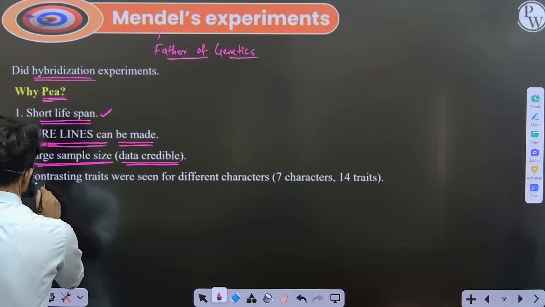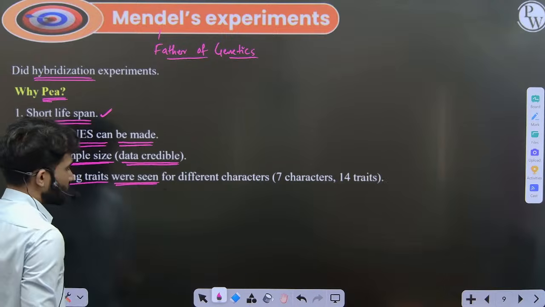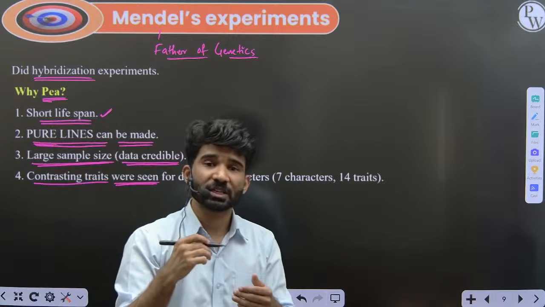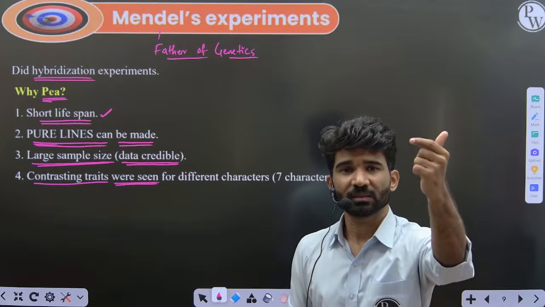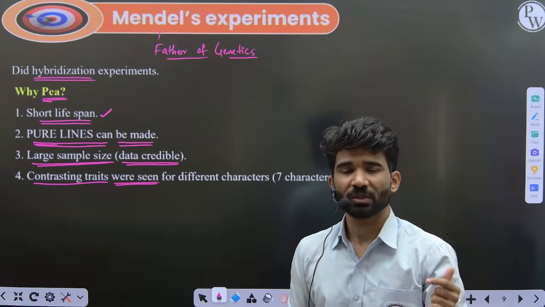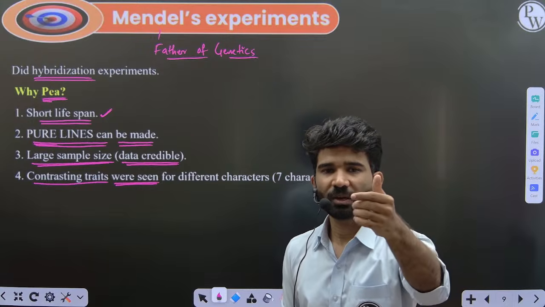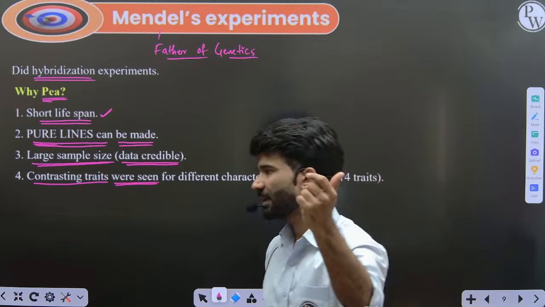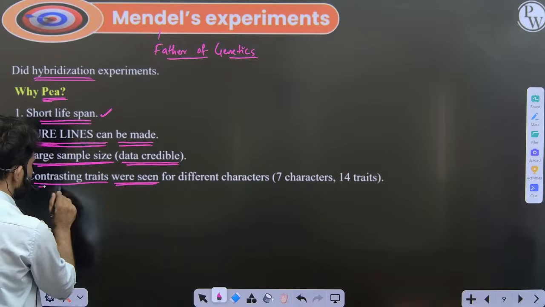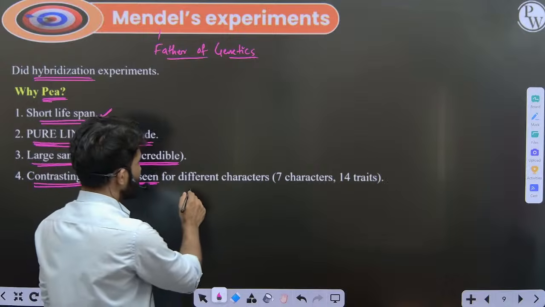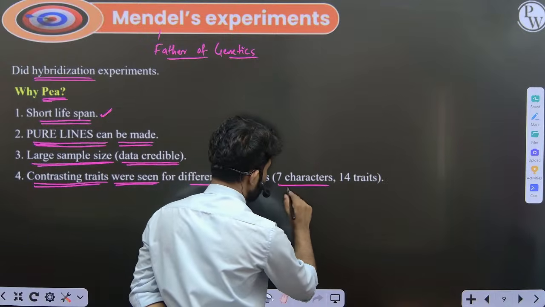Another one is contrasting characters, or contrasting traits. What are these contrasting traits? Opposing traits, for example, tall as well as dwarf. If you take the pod shape, it may be constricted or inflated. Like that, you get contrasts for different characters. For how many characters? You got 7 characters.